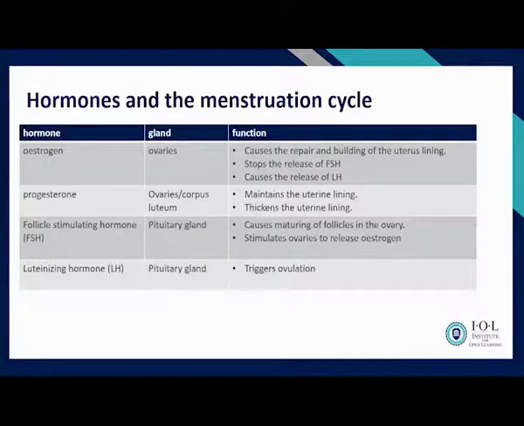Who is the corpus luteum? Once the follicle releases an ovum, it matures or develops into what is called a corpus luteum. And that structure, that body, releases the progesterone hormone. What are the functions? The main function is to maintain the uterine lining or the endometrium tissue.